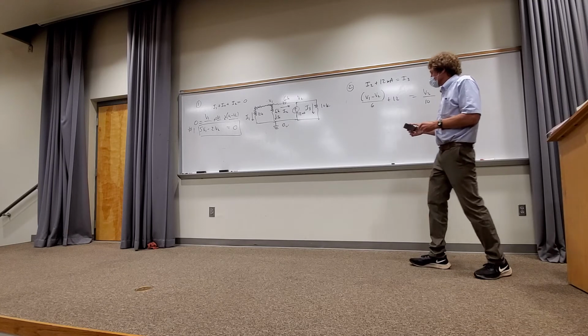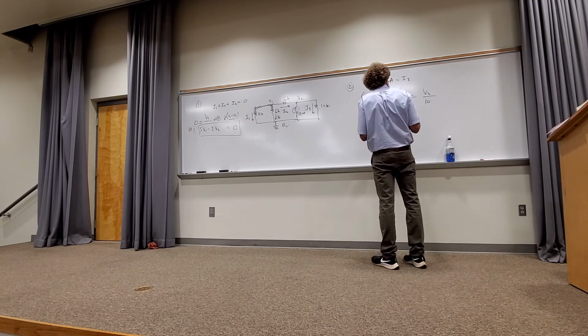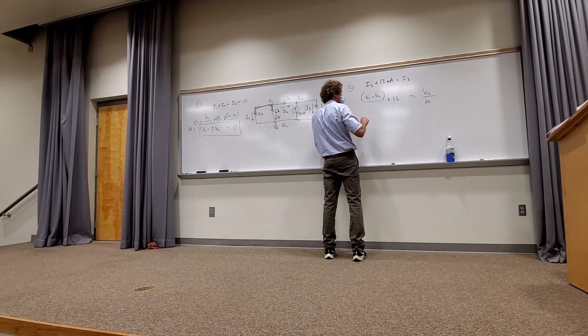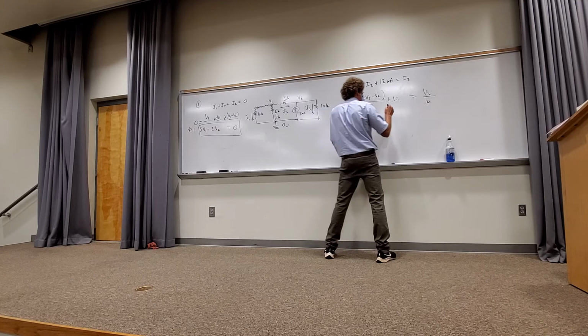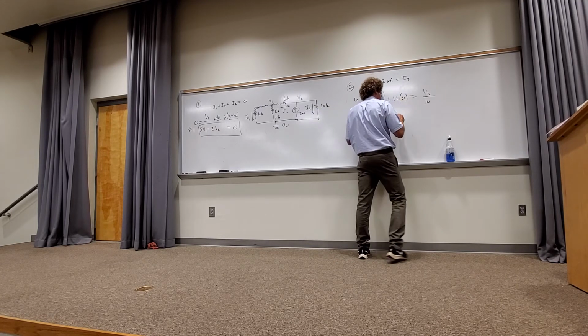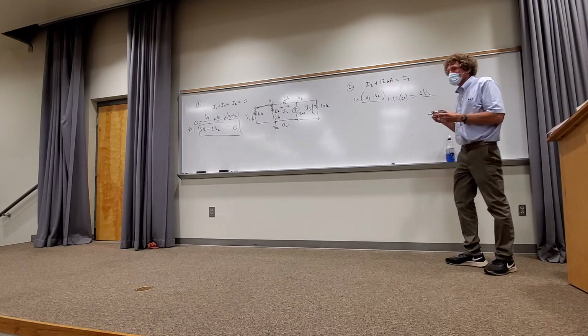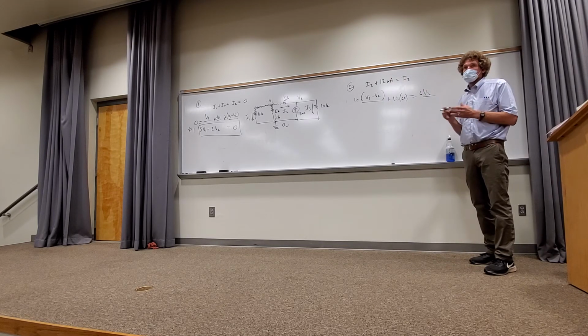I'm not a fraction guy, so I'll just do it this way. I'm going to multiply everything by 60, means this gets a 10, right? This gets a 60, and this gets a 6, right? Y'all agree with me?